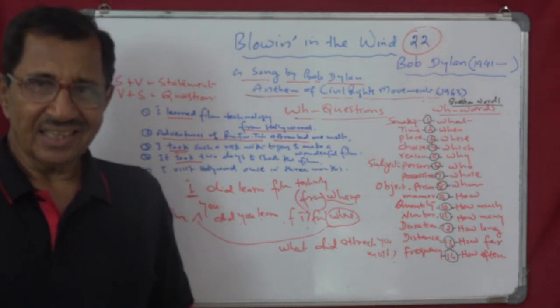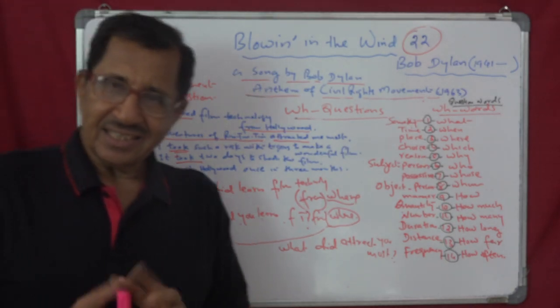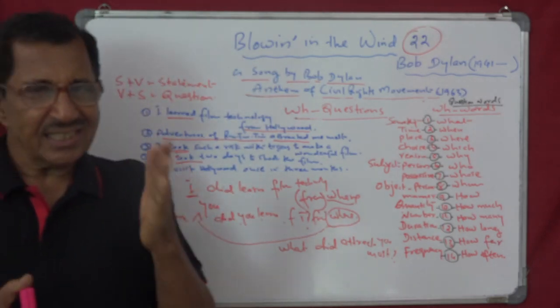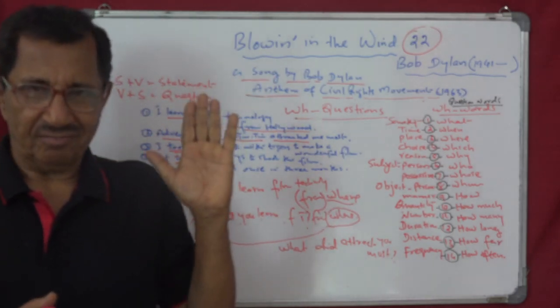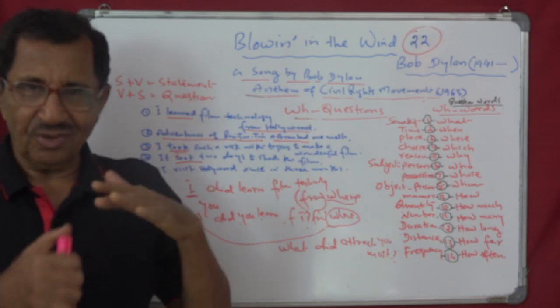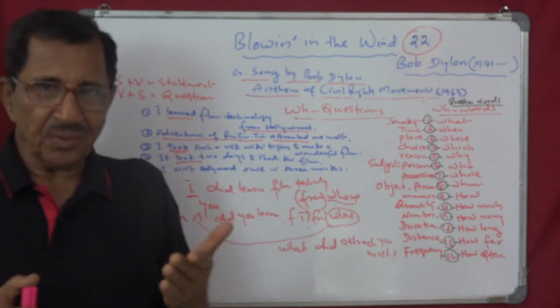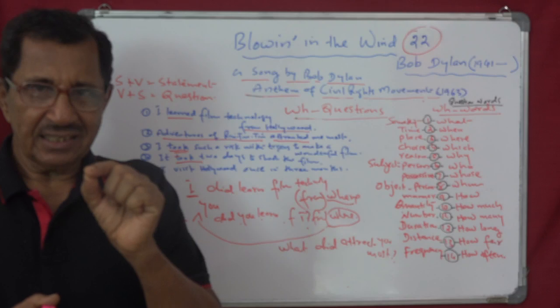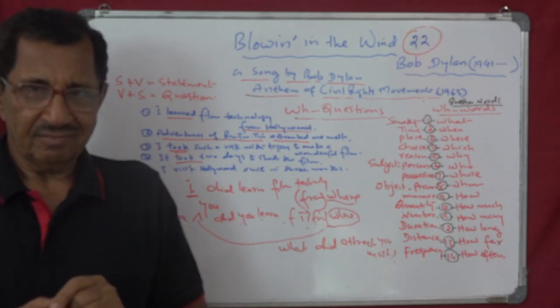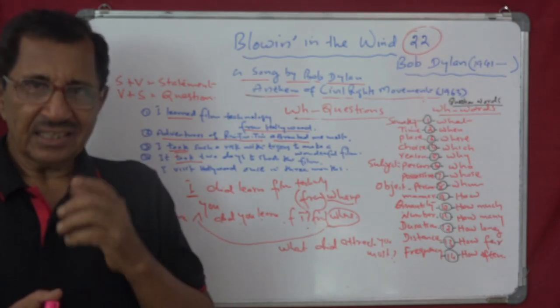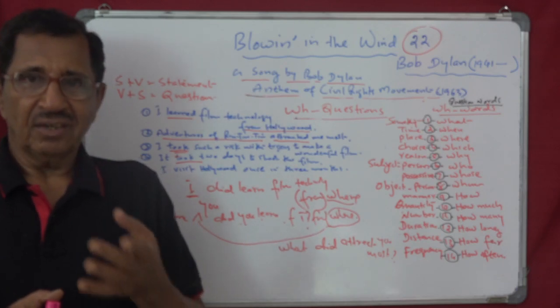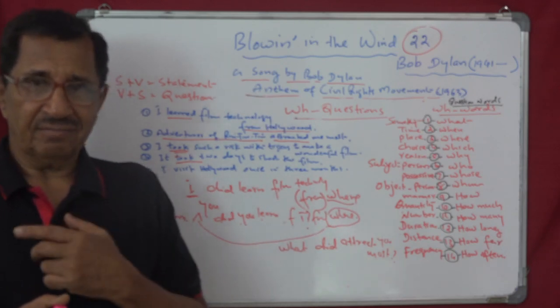Did you get it? So here step 1 is just like a yes or no question. There is no difference. Step 2 is choosing the right question word. If it is duration, how long? Frequency, how often?